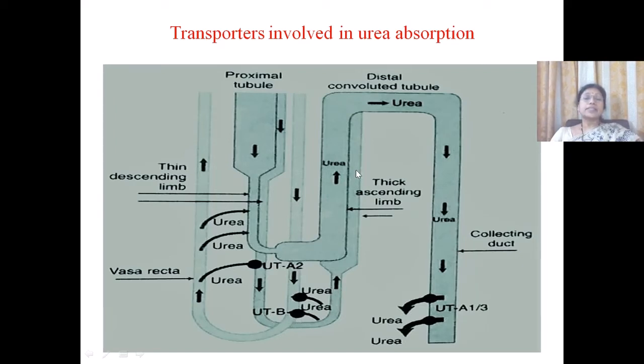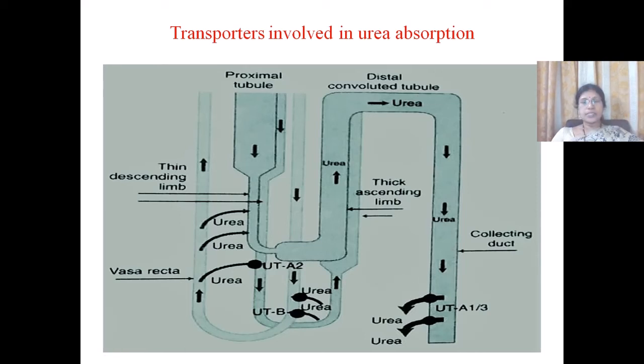The thick ascending segment of the ascending limb of the loop of Henle, distal convoluted tubule, cortical tubules, cortical collecting tubule and outer medullary collecting tubule are impermeable to urea, and the urea present in the thin segment of the ascending limb of the loop of Henle is recycled to the inner medullary collecting duct.